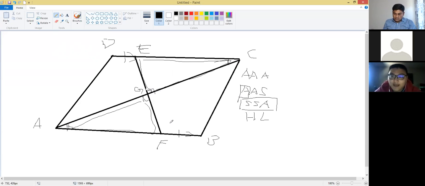That's right. But the point you get wrong is SSA is not a proof to find congruent triangles. SSA is not a congruence proof. AAS it is.